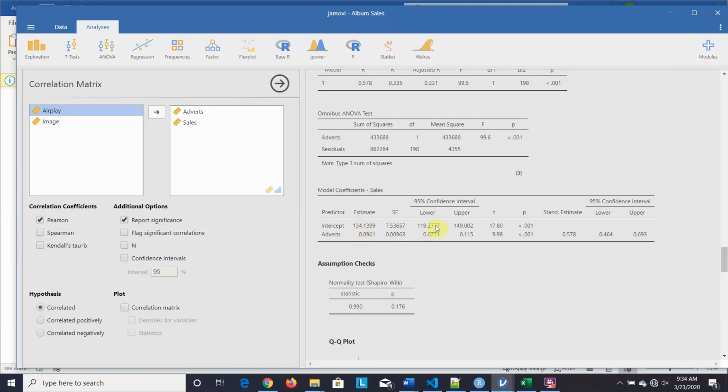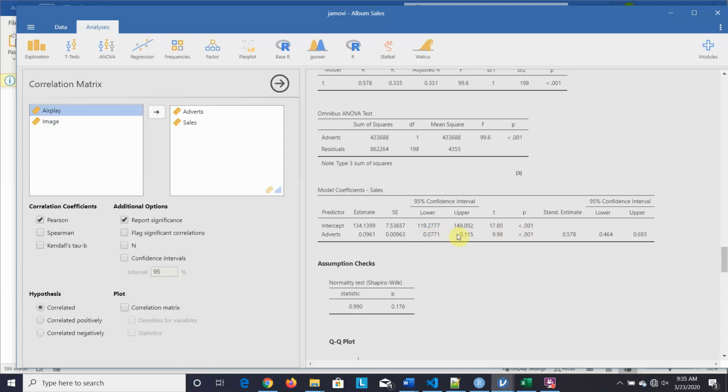And you'll see that when we look at this confidence interval, 119 to 149, the value of 0 is not within the confidence interval, so not surprisingly, it is significant. Same thing on our adverts, even though these are less than 1, we're going from a value of 0.07 to 0.15, and the value of 0 is not within the confidence interval, so it is statistically significant.